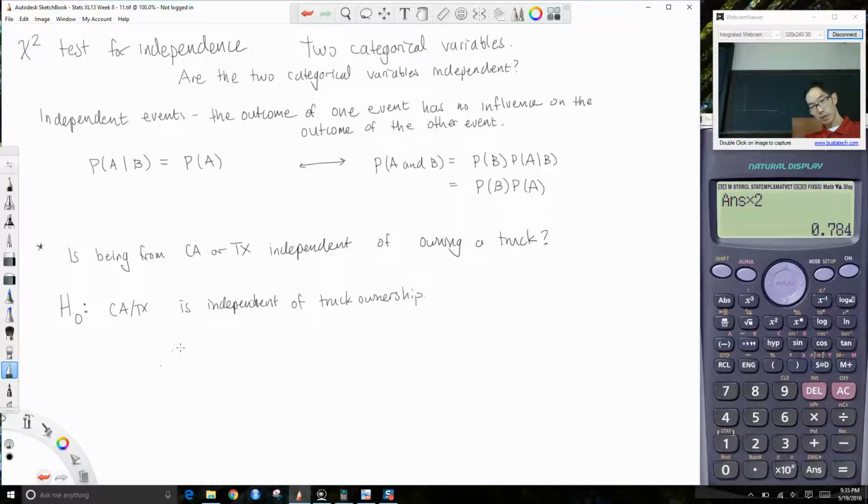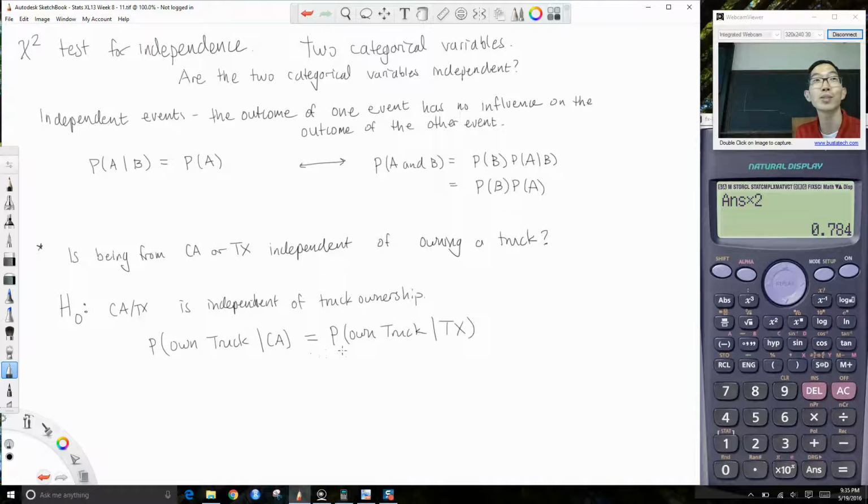To write this symbolically, we would write the probability of owning a truck given California is equal to the probability of owning a truck given someone coming from Texas. So this is one way to say that they are independent.